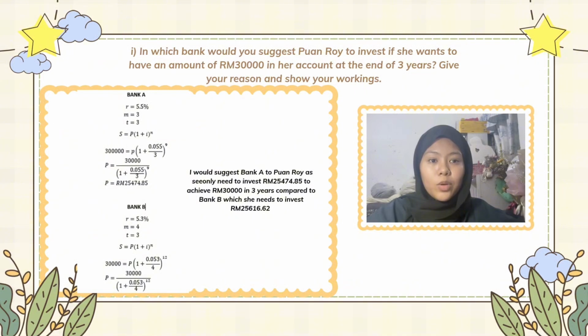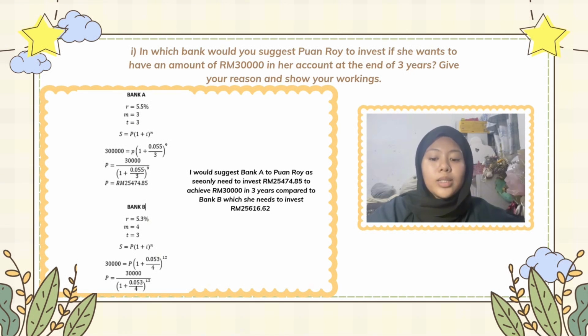So for the working, we're going to use the formula S equals P multiplied by 1 plus I to the power of N. For bank A, 30,000 ringgit equals P multiplied by 1 plus 0.055 over 3 to the power of 9.